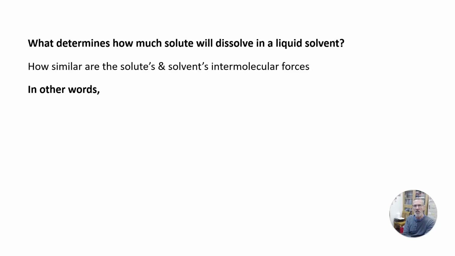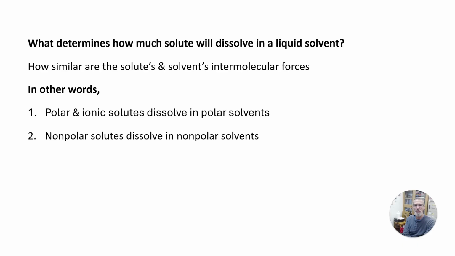And that's going to be determined by everything we've talked about in chapter 6 up until this point. Basically, it's going to be determined by the similarity of the solute and the solvent's intermolecular forces. So, for example, we talked about polar compounds earlier in chapter 5, and when you have polar compounds and ionic compounds, they're going to dissolve really well in polar solvents.